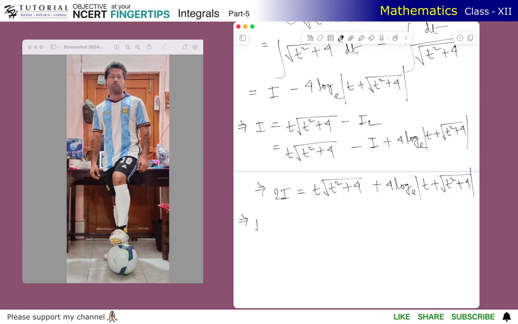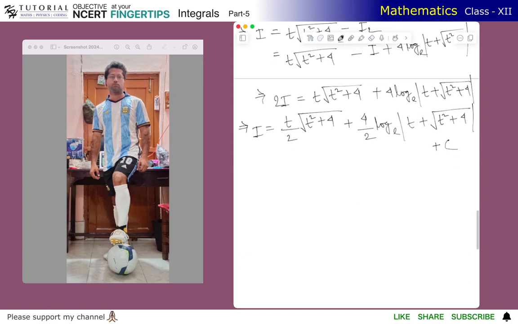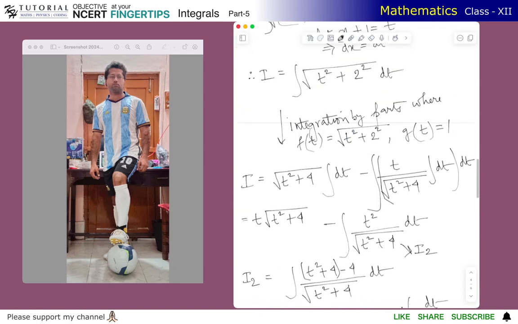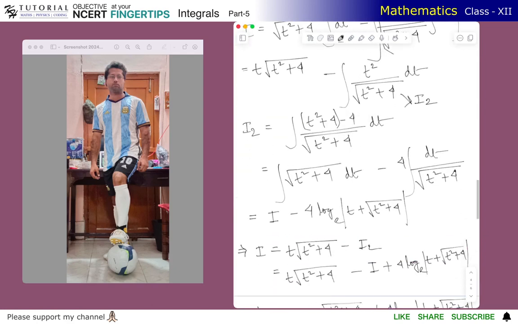This implies I equals t by 2 root over t square plus 4, plus 4 by 2 log e of t plus root over t square plus 4, plus the constant of integration. So if we put back, we have substituted x plus 1 as t.